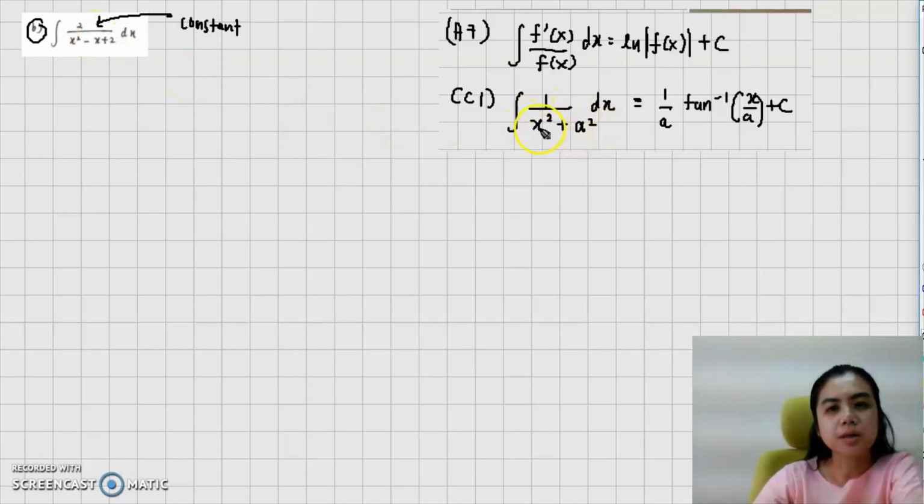The formula of C1 is x squared plus a squared, but what we have here is not exactly in the form of C1. So you have to manipulate it so that it is in the form of C1. How to manipulate it? You need the technique called completing the square here.